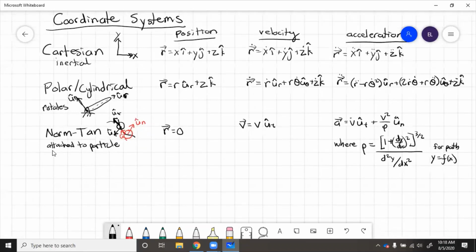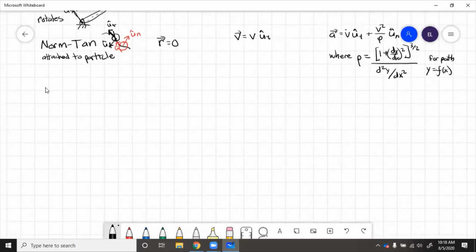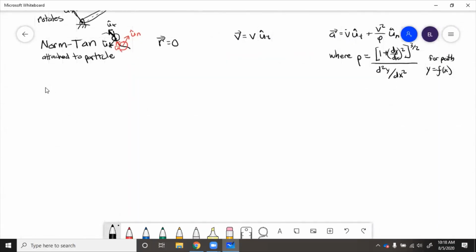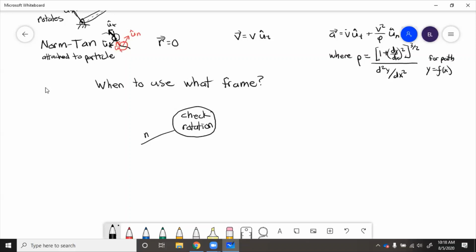So then we need to know, when do we use each coordinate frame? First thing we do is check rotation. If there is no rotation, then use Cartesian.